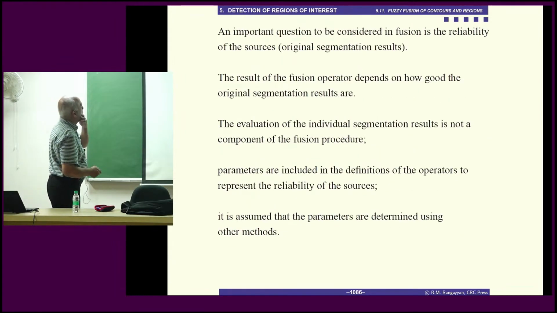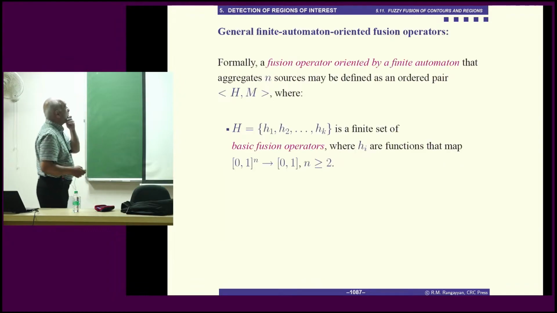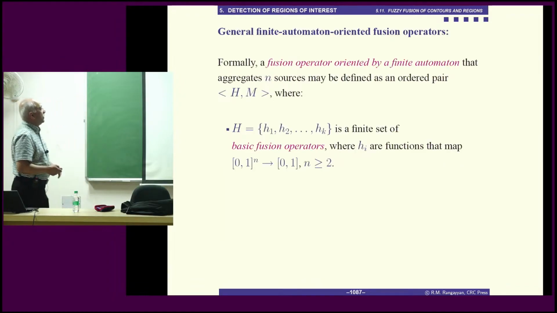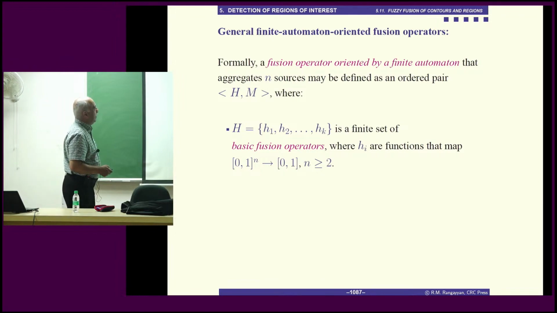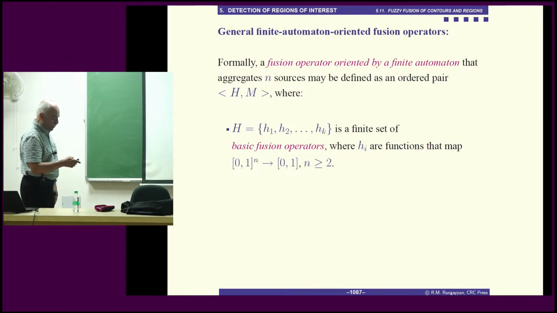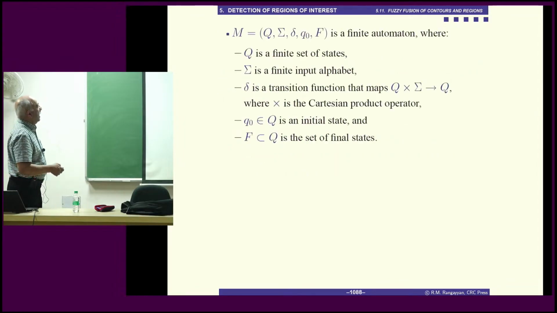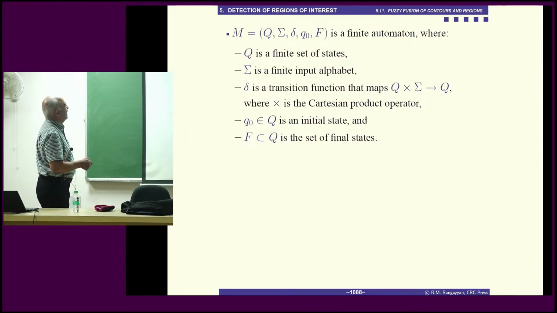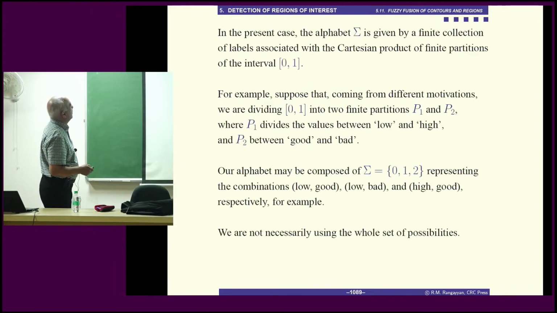Let me go to some of these. The fusion operator is defined by a finite automaton that aggregates the n sources by having this pair H. H is made up of these points that are fusion operators, and they map the input to the range 0 to 1. I'll skip some of these details.